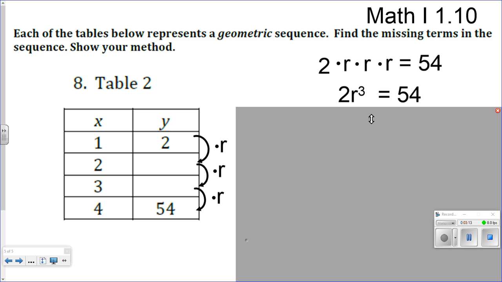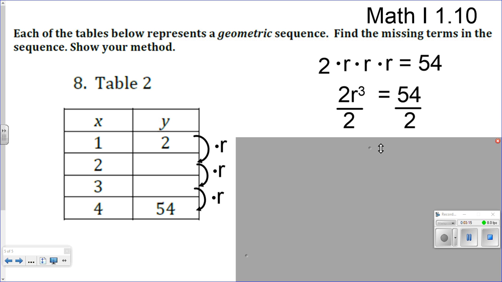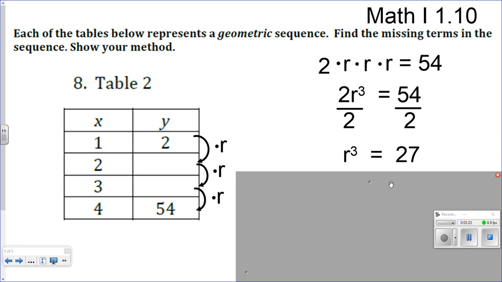So let's divide both sides by 2. After using the division property of equality, I'm left with R to the third, and 54 divided by 2 gives us a result of 27.